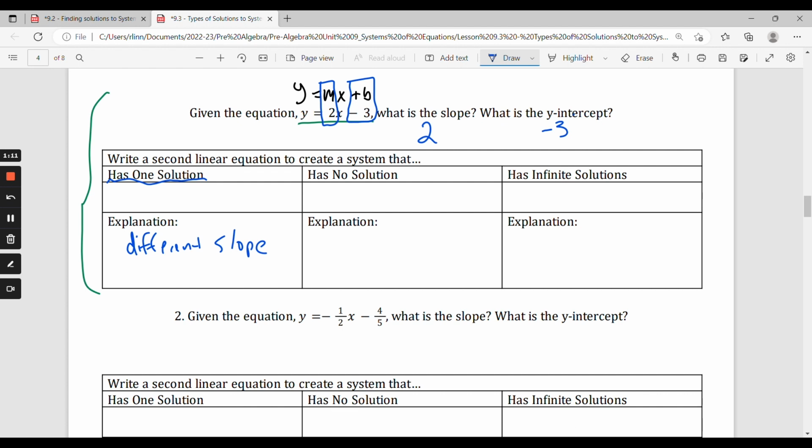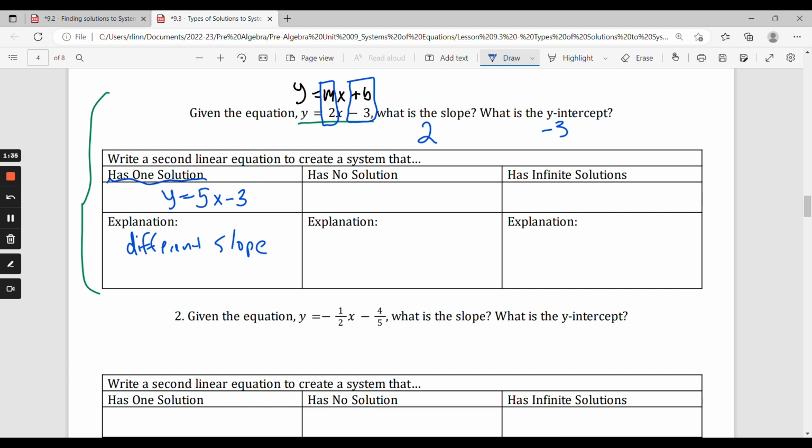So my original equation had a slope of 2, which means I can pick any number but 2. So I could rewrite this equation, y equals 2x minus 3. Now I know that I have to have a different slope, so instead of 2, I can make that any number I want. Let's make it 5. Y equals 5x minus 3.